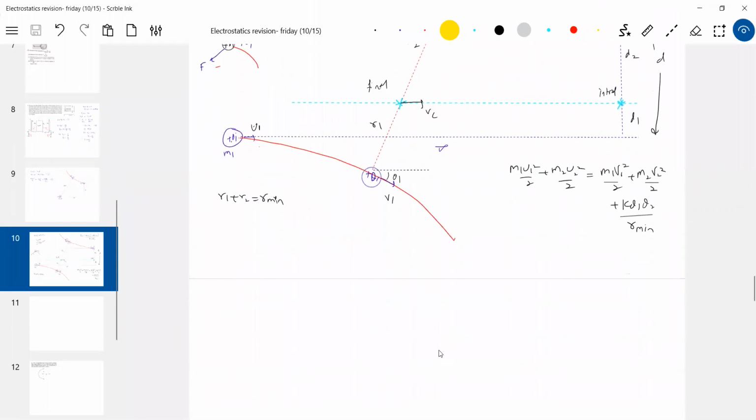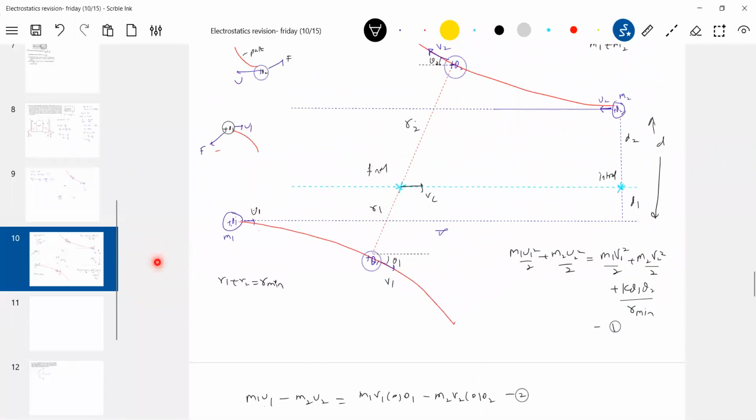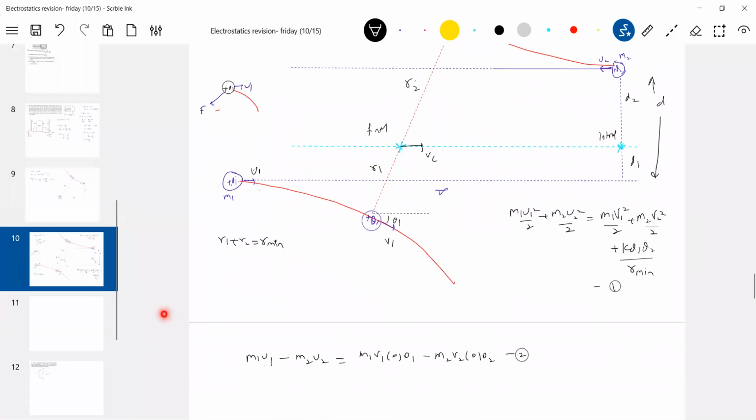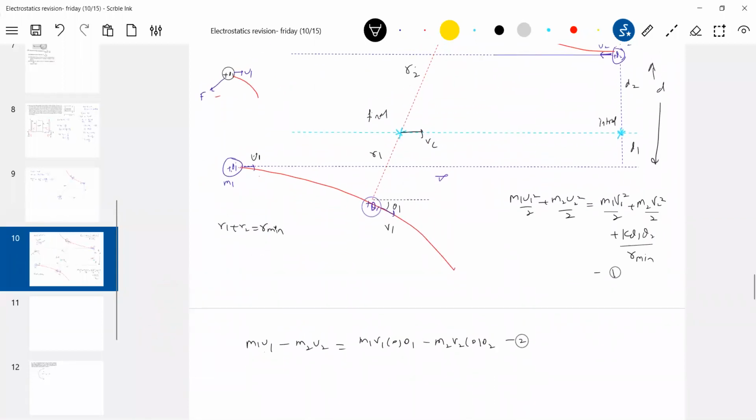Okay, I'll write some equations. Conservation of linear momentum is one equation. The other equation is that the velocity along the line joining the point charges should be equal. Zero, no sir? It is perpendicular to the line joining.